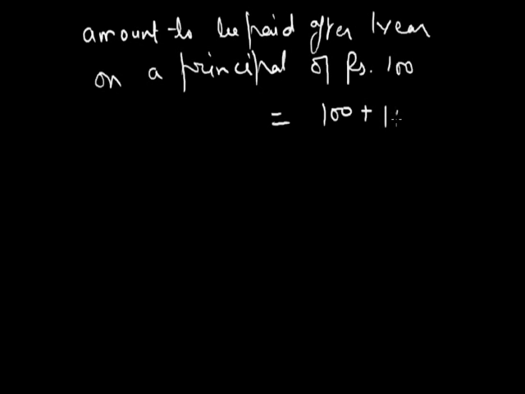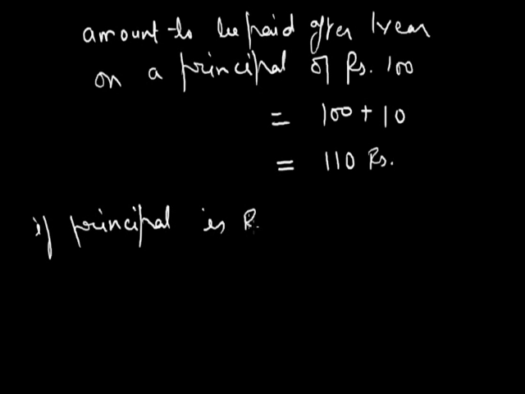So in this case it is equals to 10, so amount is equals to 100 plus 10, it is rupees 110. So by unitary method we have, if principal is rupees 100, this implies amount is 110.